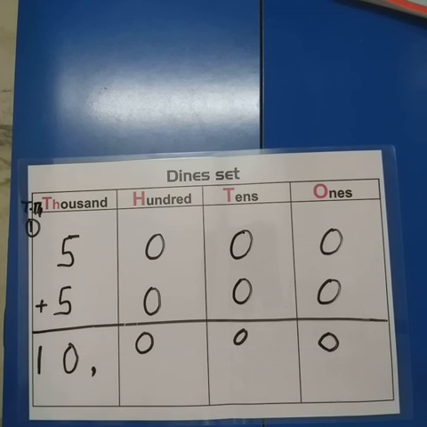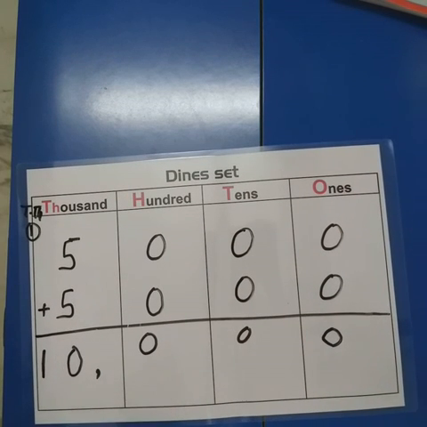This is the rounding off of 9805. Why did this become 10,000? Because in the number we have 8 at the hundreds place, that is more than 5, so we will change our thousands place, and at the thousands place we have 9 and we will add 1, it will become 10. So the estimated sum is 10,000. So students, this was the video of estimating sum.